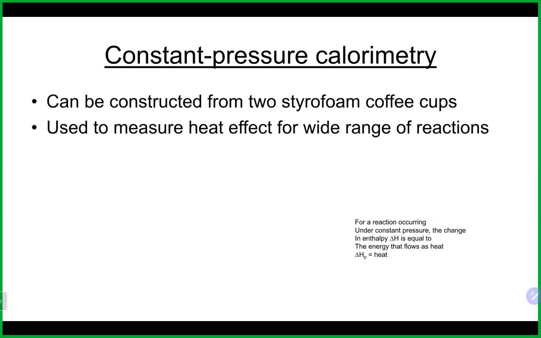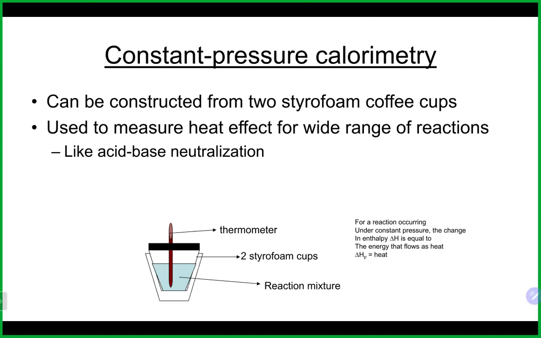Now, when we talk about constant pressure calorimetry, like I said before, this is something that you could do in lab, and we'll do in lab, I think, maybe tomorrow. And you could really do a lot of these type of experiments to figure out things like enthalpy and energy by simply just 2 or 3 coffee cups, a lid, and a thermometer is really all you need.